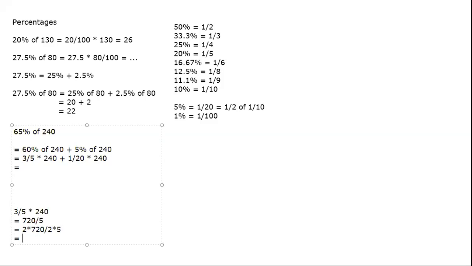So the numerator becomes 1440 upon 10. So that's 144. See, dividing by 5 is tougher than multiplying by 2. And the multiplication by 2 can be done orally. Like 72 times 2 is what? 144, obviously. And you have a 0 at the end which cancels out. So it becomes faster.